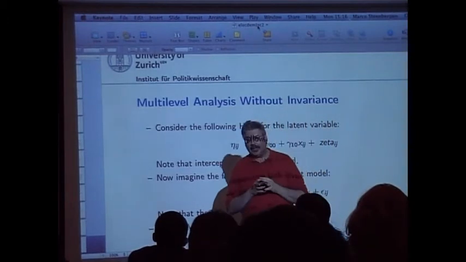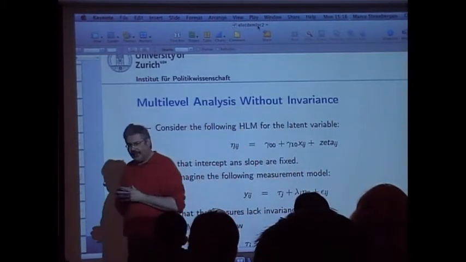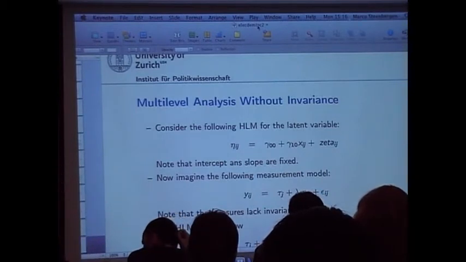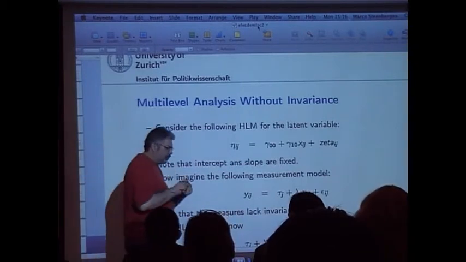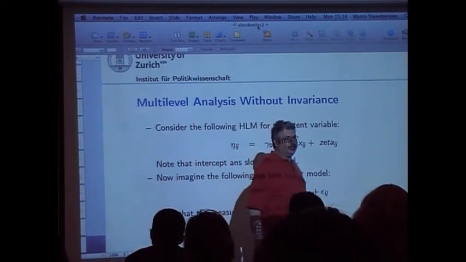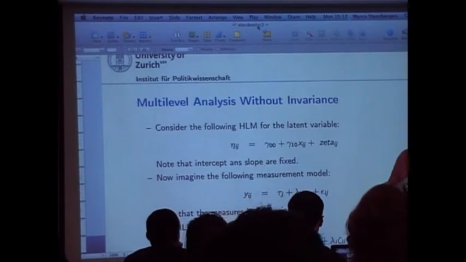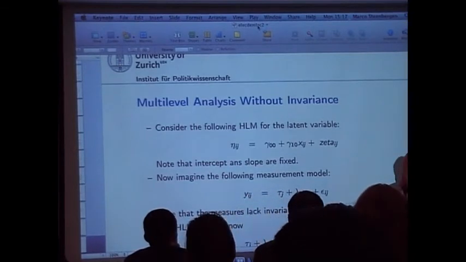So you start there with a random effects ANOVA, so no level 1 predictors, and you look at the sigma squared, and then you would add the level 1 predictors, again making sure that the sample doesn't change from one analysis to the next. Look at what's happened to the sigma squared, and then you can come up with a proportional reduction in error. That would be your level 1 R squared.